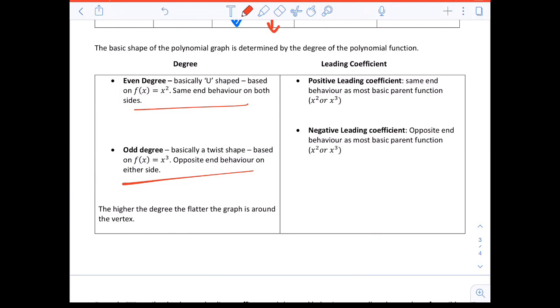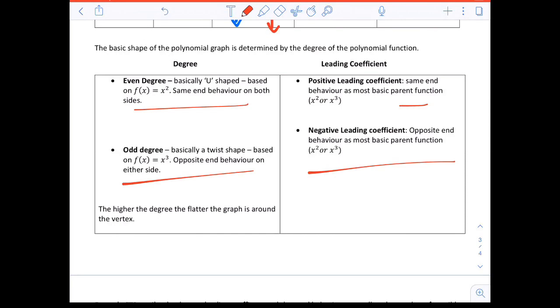For leading coefficients, we talked about this a little bit. It says positive leading coefficients and end behavior are the same as the parent function. So x to the power of 4 had the same behavior as x squared. Both started at the top and ended at the top. For a negative leading coefficient, it's just the reflection of those. So imagine flipping a quadratic over the x-axis, so it's facing down.